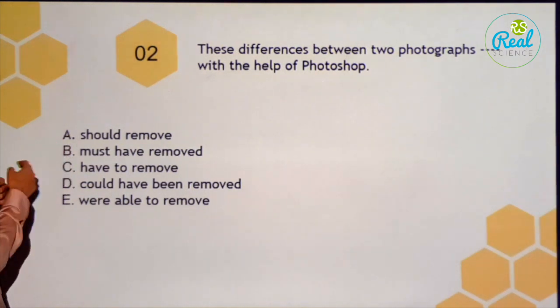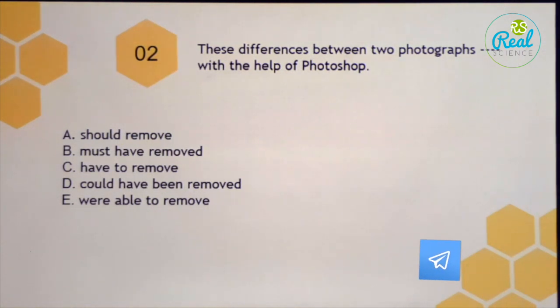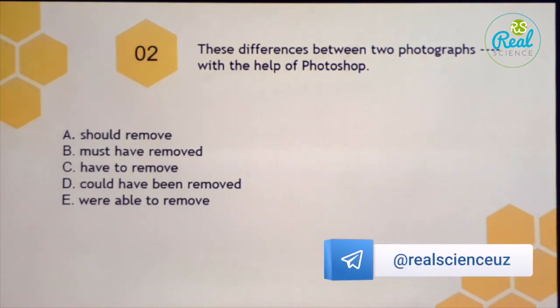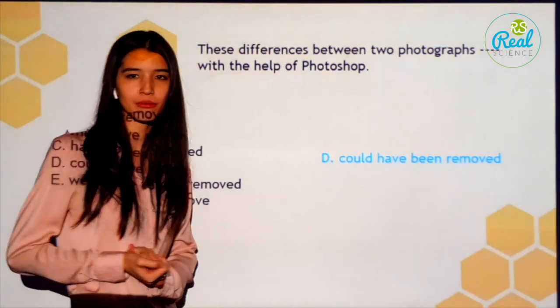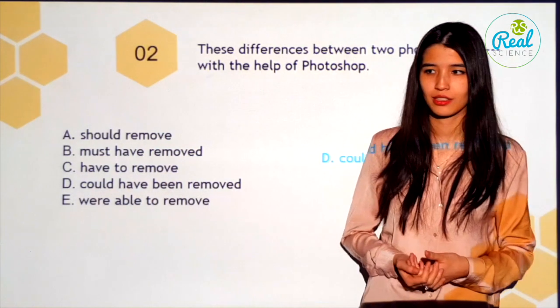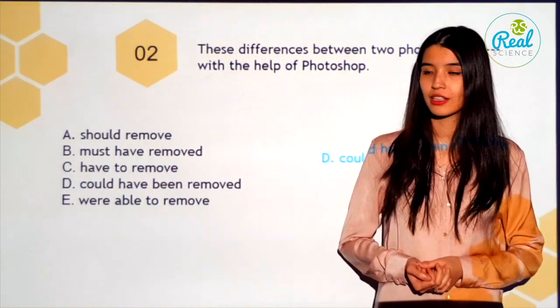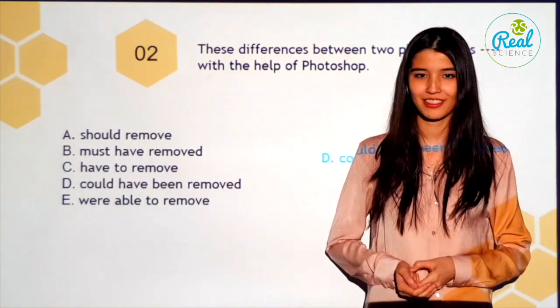So now you are left with three options. Yes, well done. It is D. Could have been removed. When do we use "could have been removed"? When we're talking about general ability. Yes, thank you.